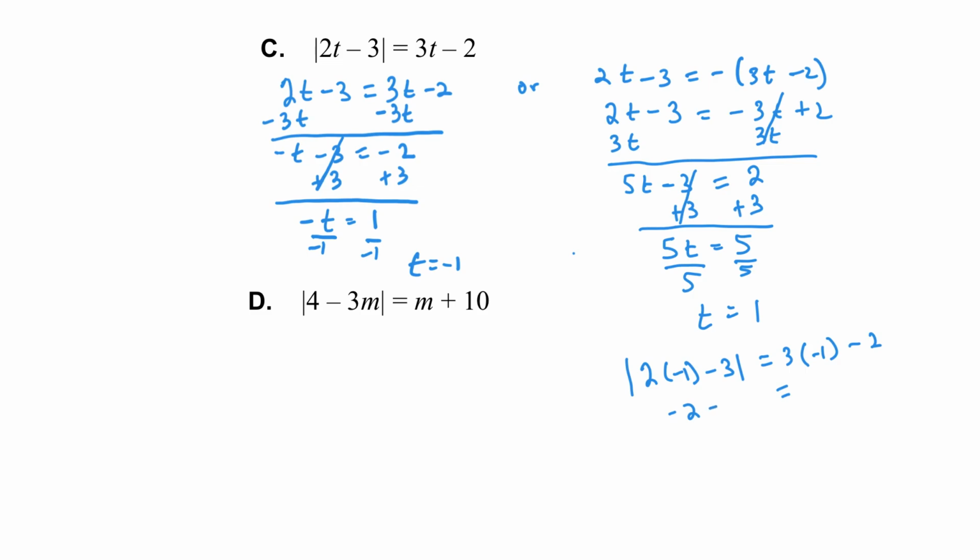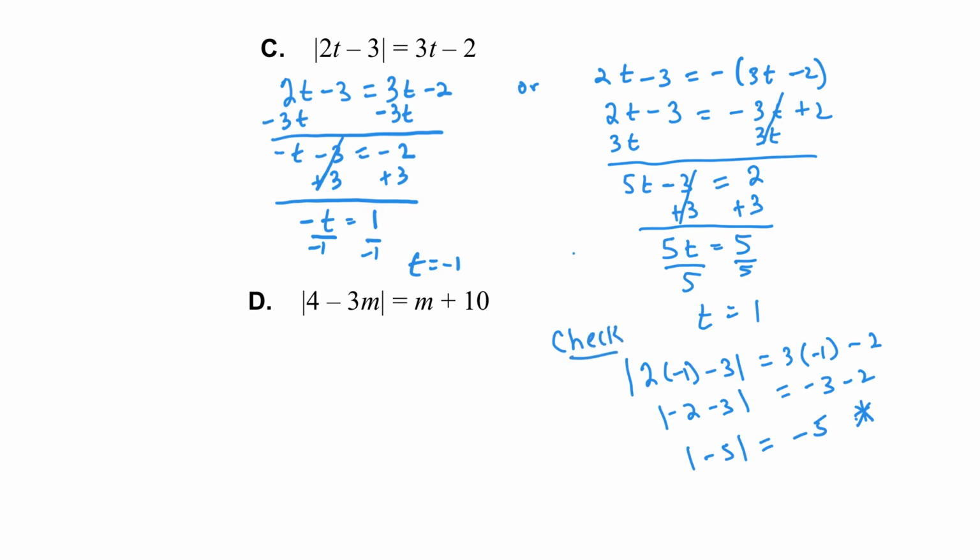So you have negative 2 minus 3, negative 5. The absolute value of negative 5 is 5. 3 times negative 1 is negative 3 minus 2 is negative 5. So this is not going to be the answer. So this is what we call an extraneous solution.